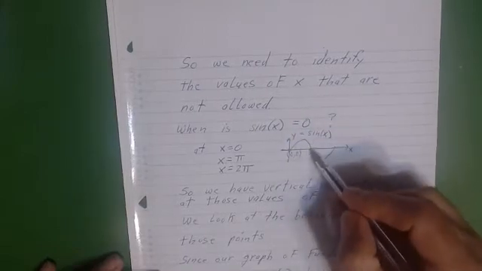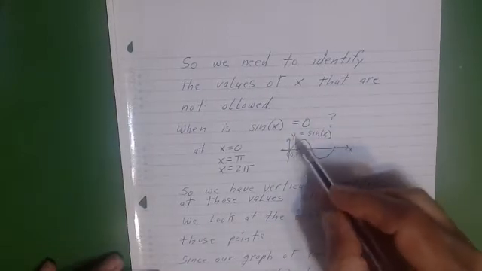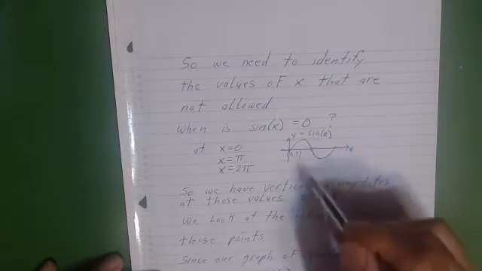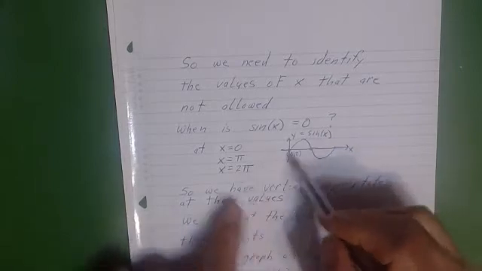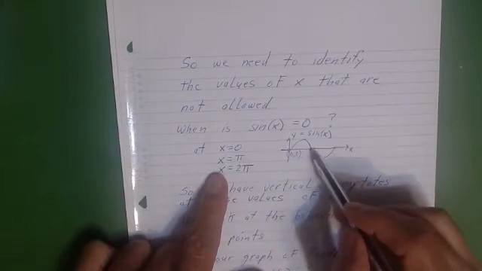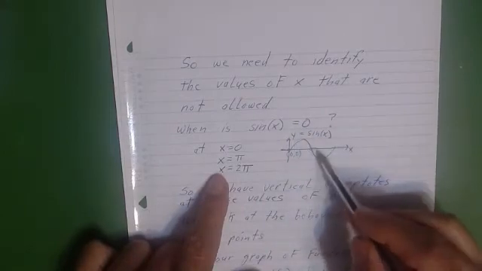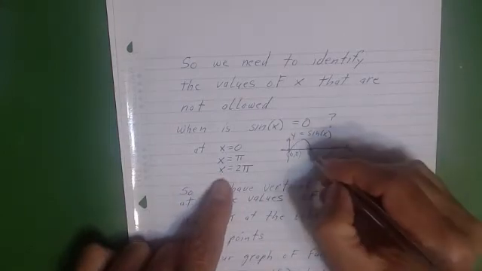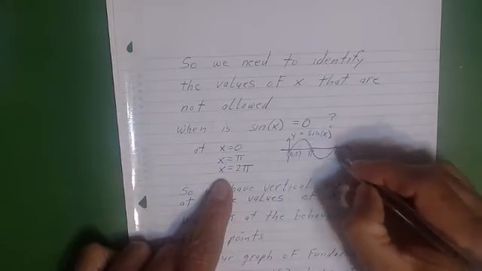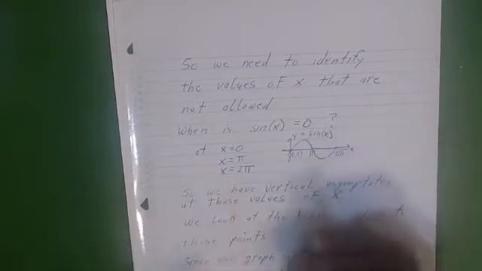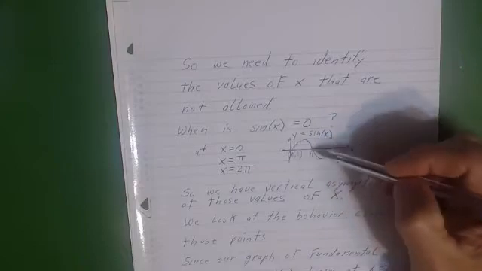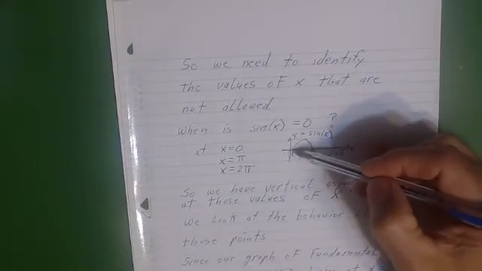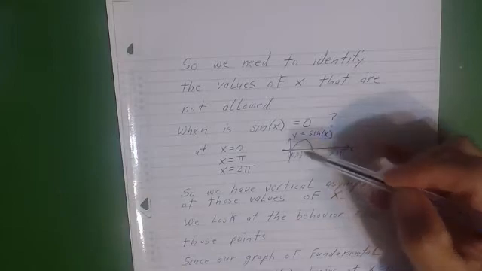When we get back down to pi radians, y is 0 again. So x is not allowed to equal pi because this function is 0. And then the same thing, this is pi and this is 2 pi. So these are the values where our vertical asymptotes are going to be on our graph for cotangent of x.